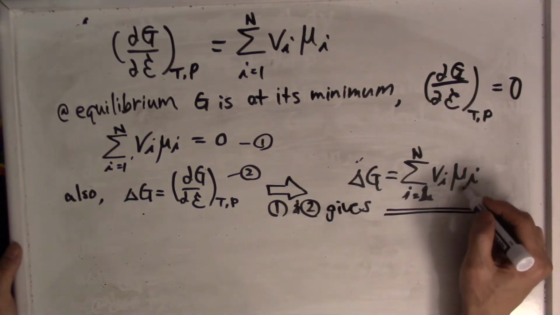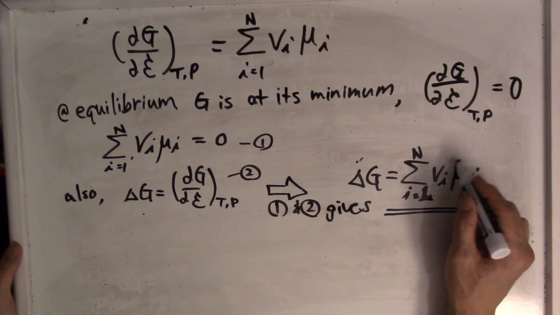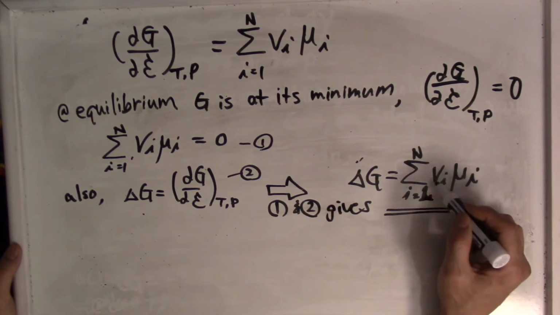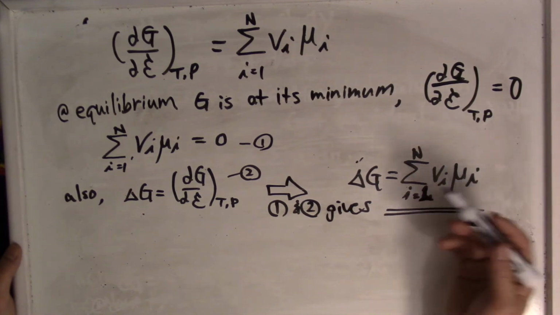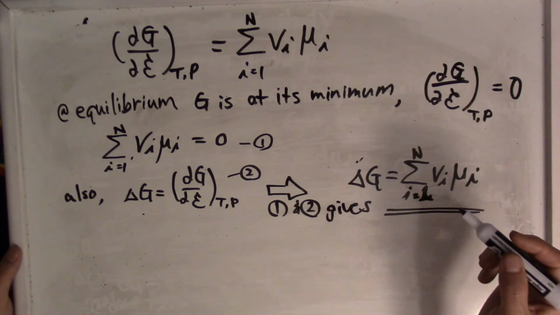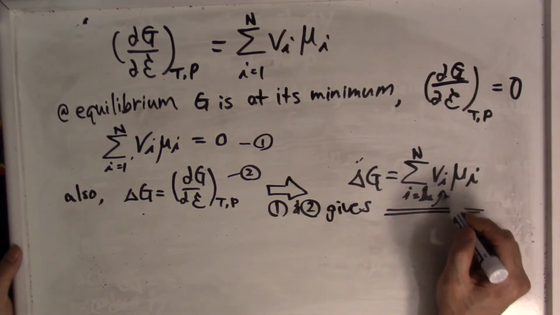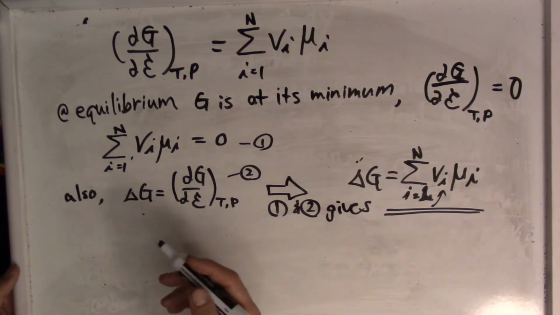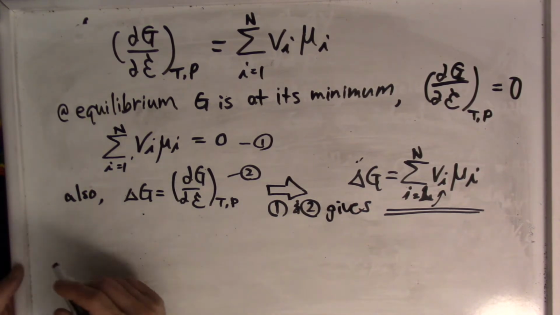Delta G is, you have the partial Gibbs energy, and then how much the reaction is taking place, but then you have stoichiometry. So you have to add all the partial Gibbs energy with respect to the stoichiometry, right? That makes sense. And then depending on whether it's reactant or product, it has a different sign, but we're going to come back to that.